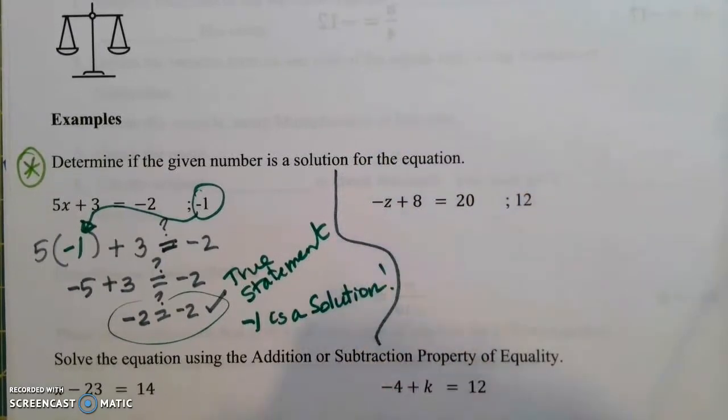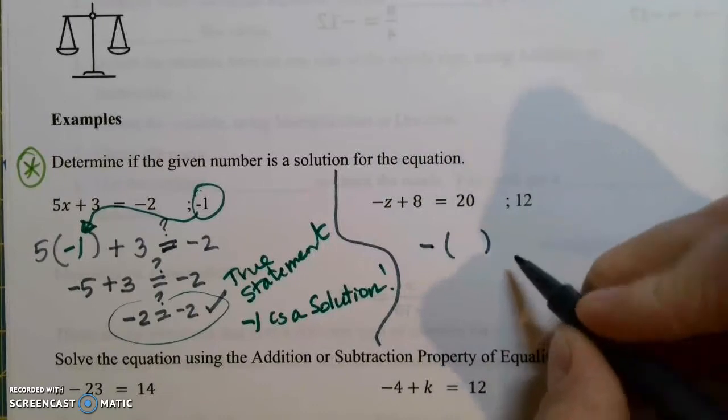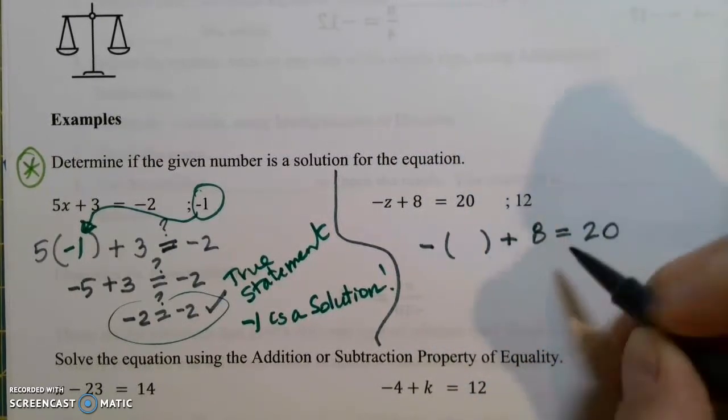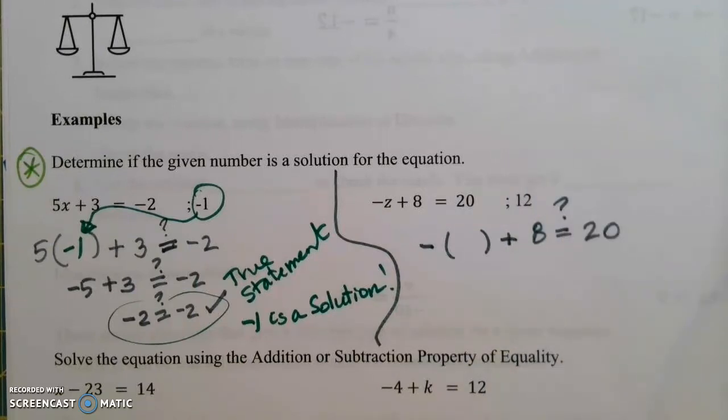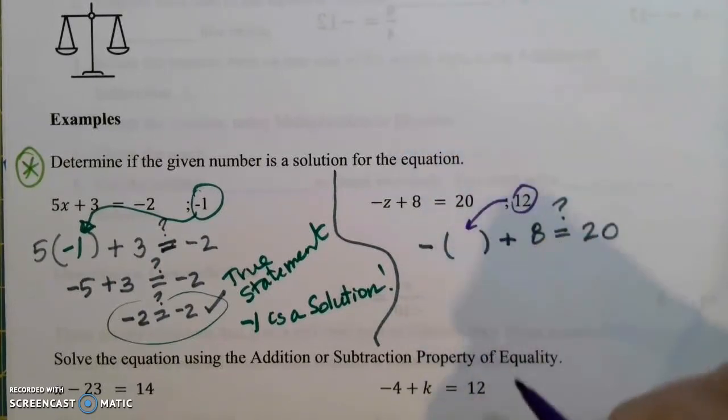And the next one, I'm going to do the same thing, right? Leaving parentheses where the variable was, so I have a spot to plug my number into, and a question mark over my equals sign. Then I'm going to check and see if I put 12 in there, am I going to get the same thing on both sides?